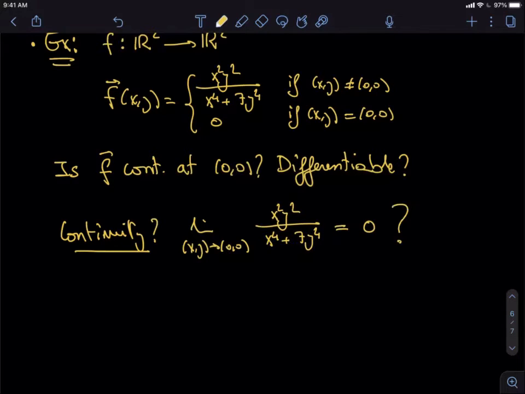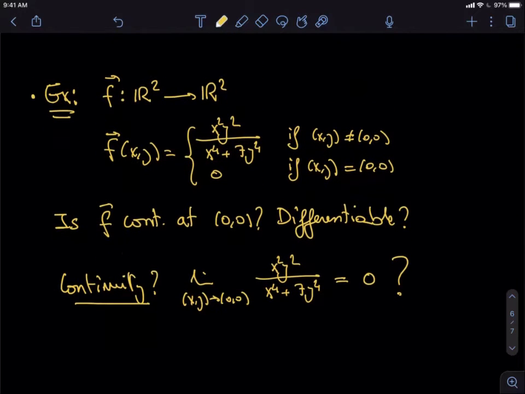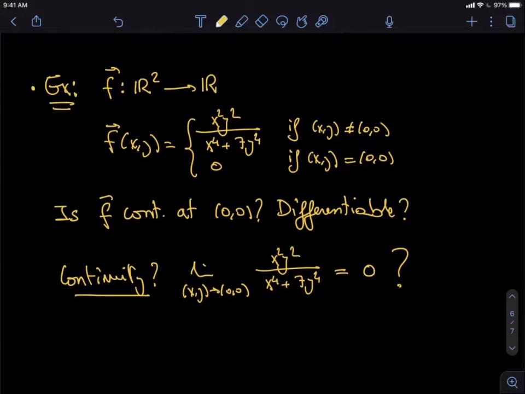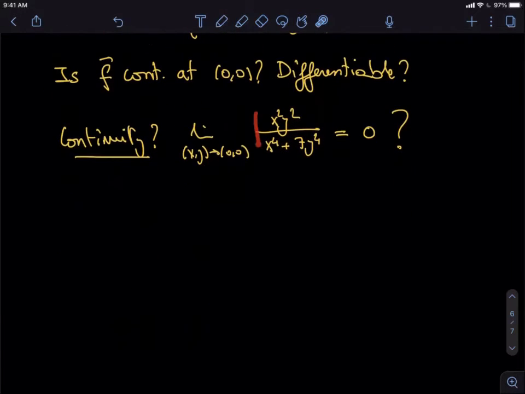This is the big question, because 0 is the value of f, the way it's defined at 0, 0. So let's see what happens. Sorry, this is a function that goes from R2 into R. I wrote that wrong. That's the reason why I'm not writing bars here, because it doesn't matter.